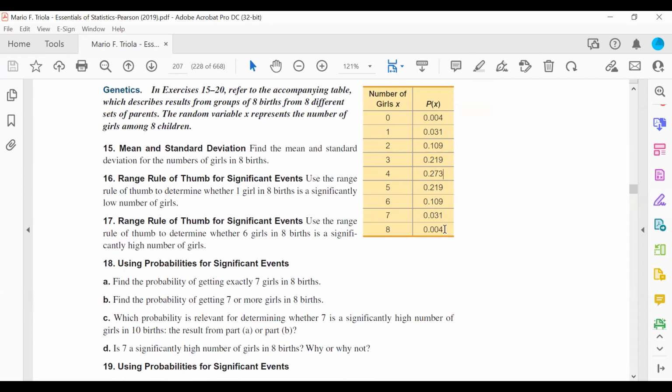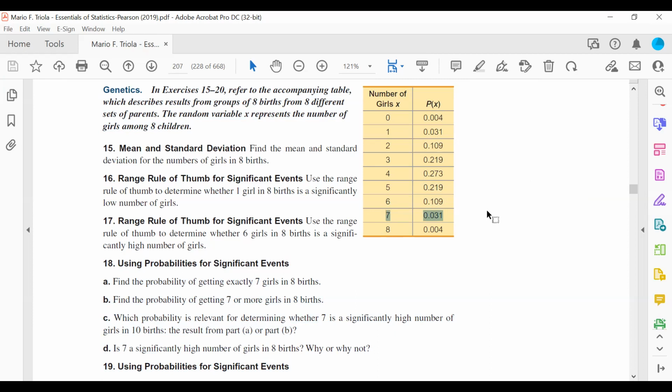It says exactly, so I go to 7 and get the value. My answer is 0.031. Boom, that's it.